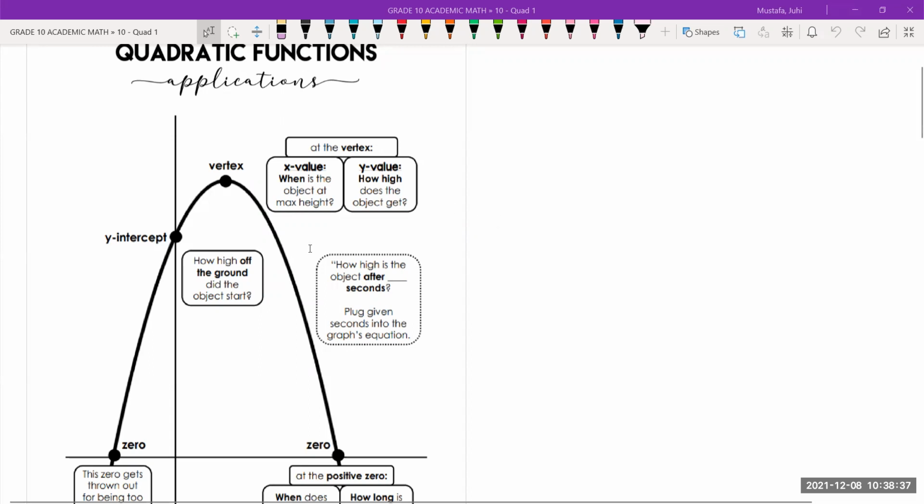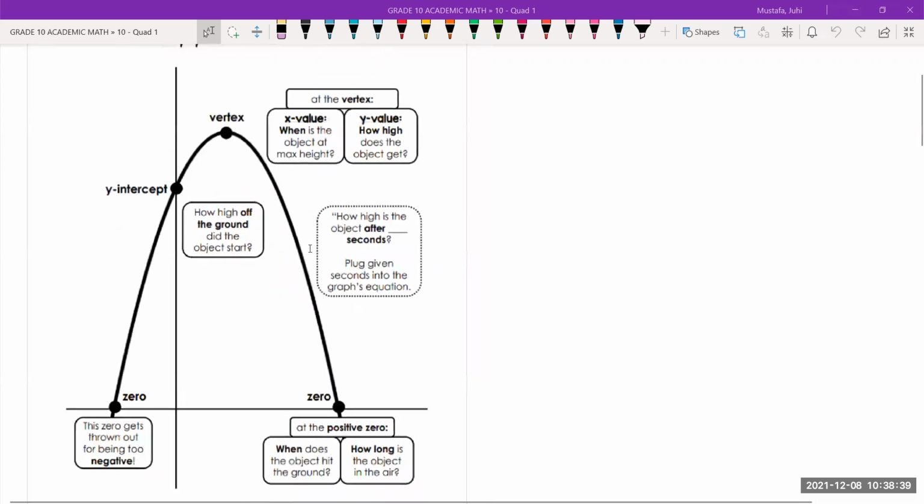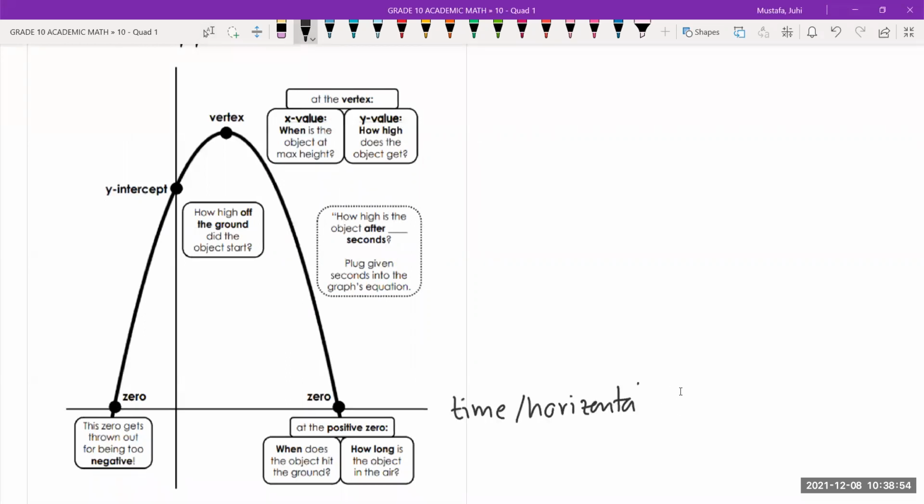So let's break it down. What happens in terms of a graph? On our graph, you're going to have either time or distance on the x-axis, depending on what the question is asking for, and we're going to do examples of both.